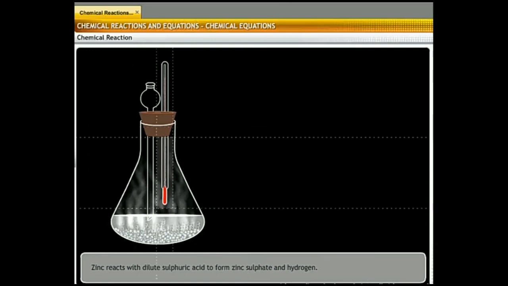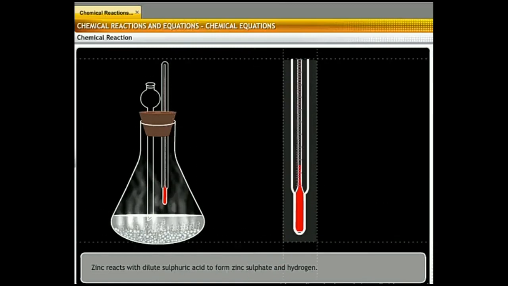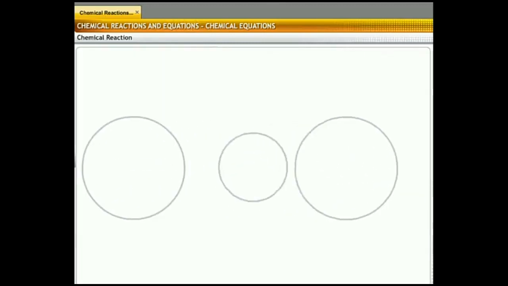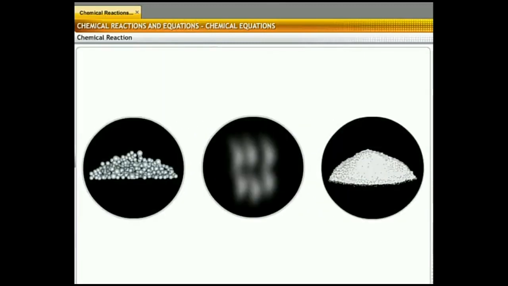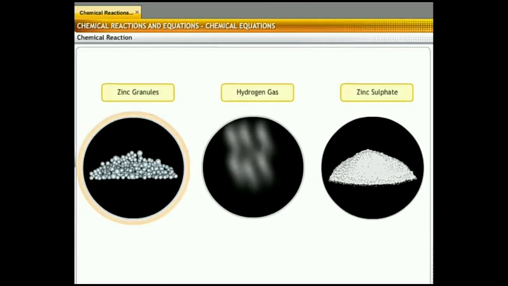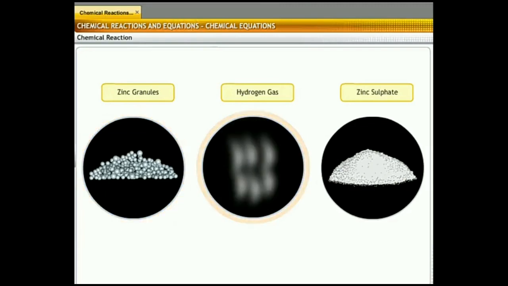When these kinds of reactions occur around us, on a piece of paper we represent them in the form of chemical reactions, which are composed of reactants and products. Here in this case we can see zinc granules, which were a solid reactant. We added sulfuric acid, then we get hydrogen gas and zinc sulfate.